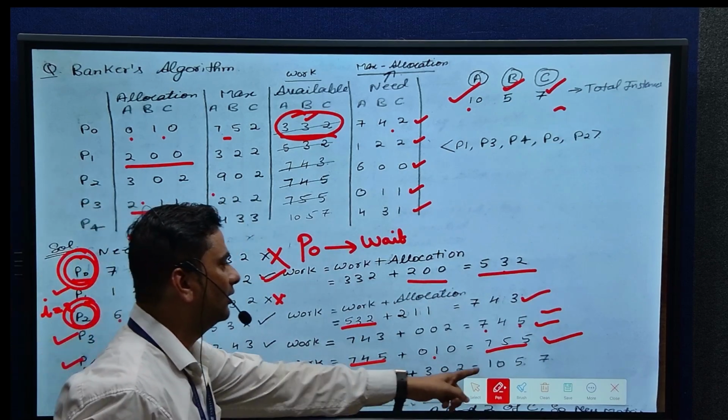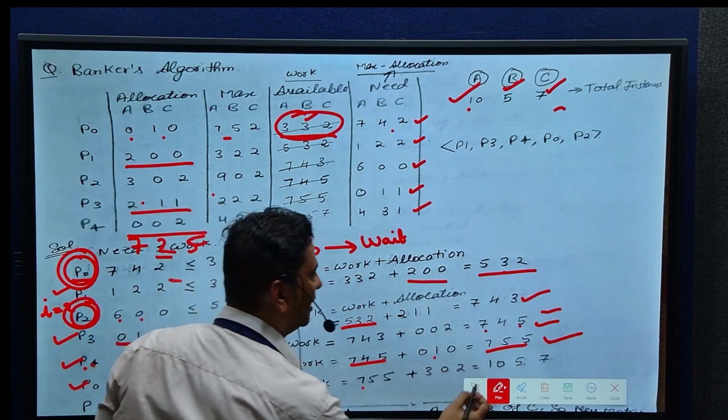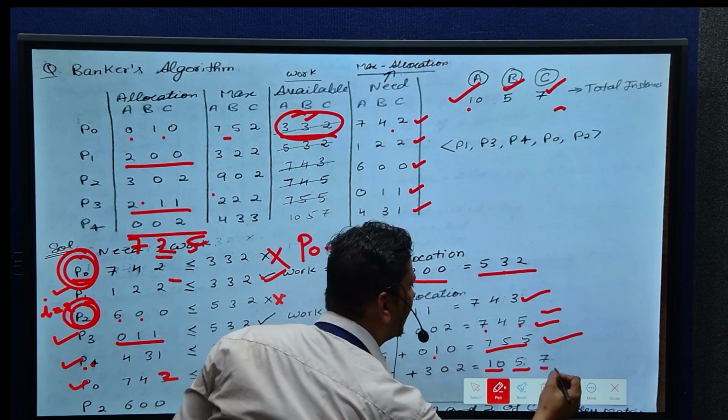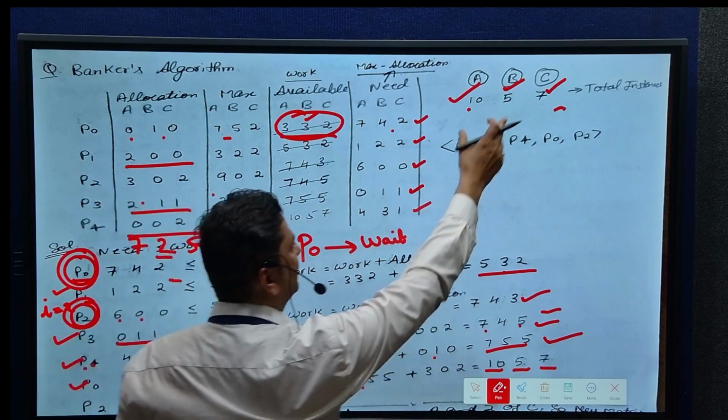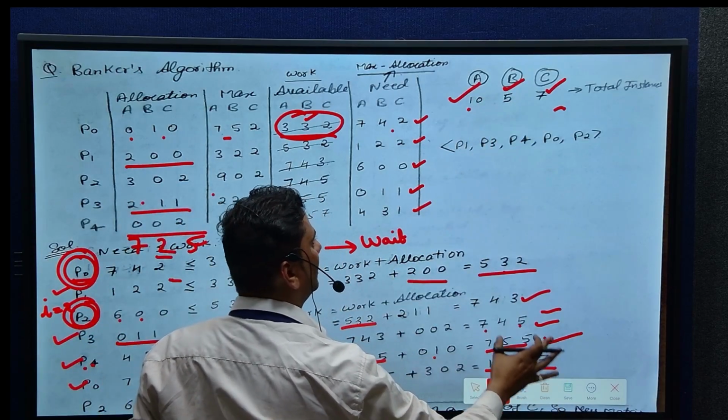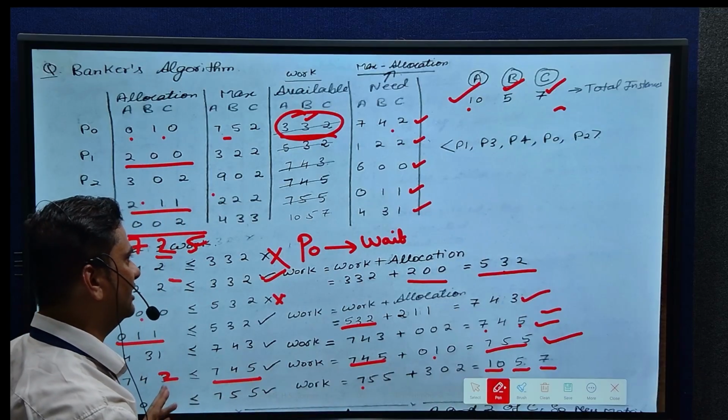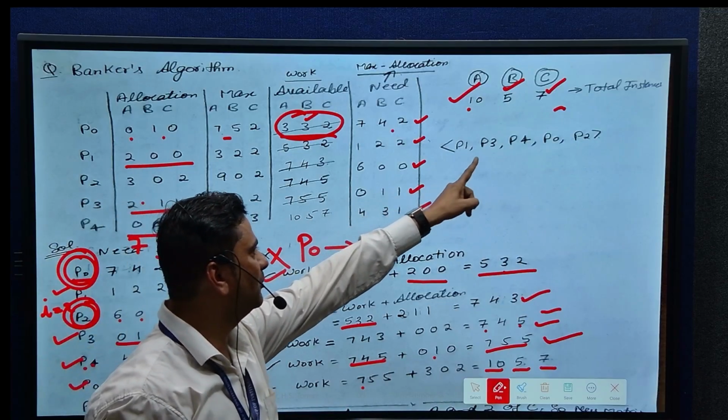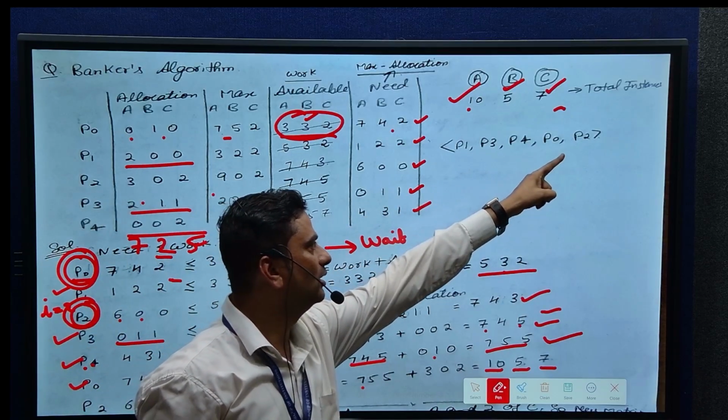In this result we also get 10 5 7 at the last, so this matches the figure. So this sequence is the safe sequence: P1, P3, P4, P0 and P2.